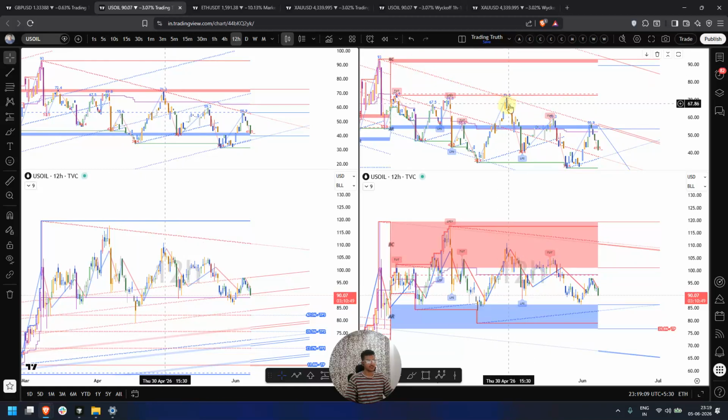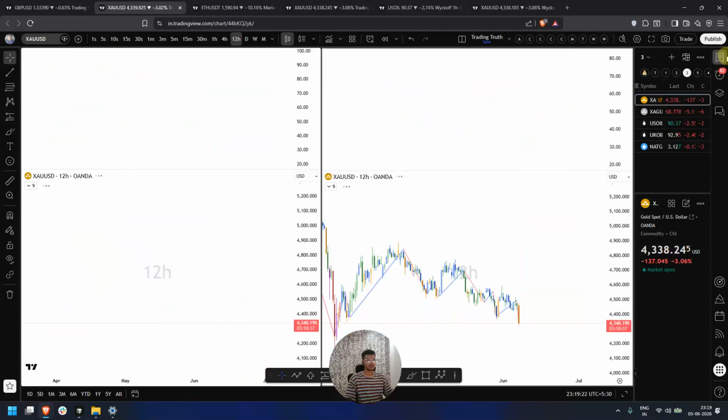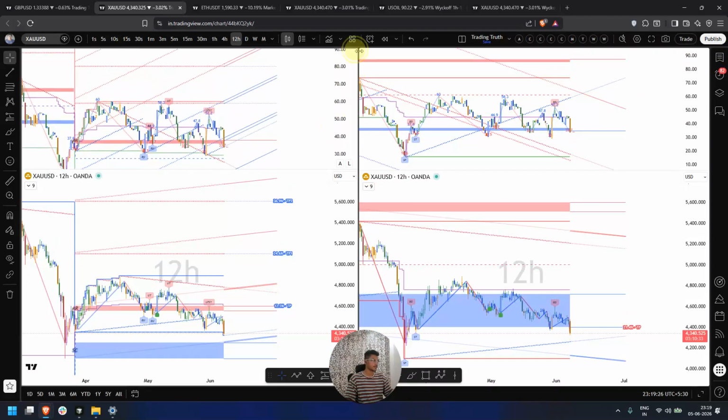You see this support becoming resistance. That's why the market reacted very strongly here. So you can see that throughout the chart for different time frames as well.